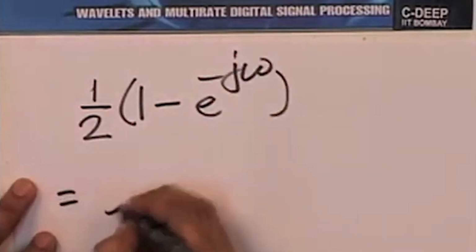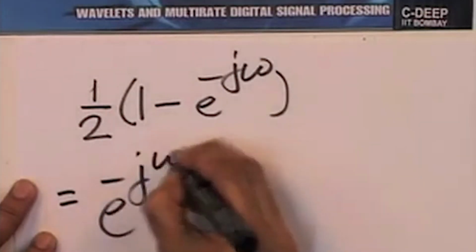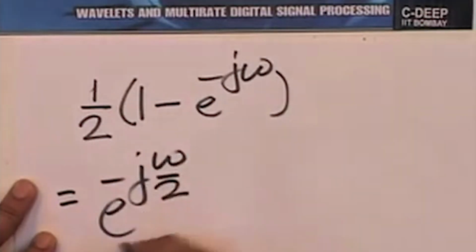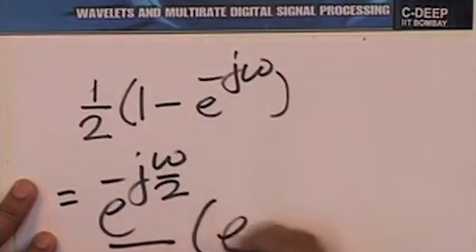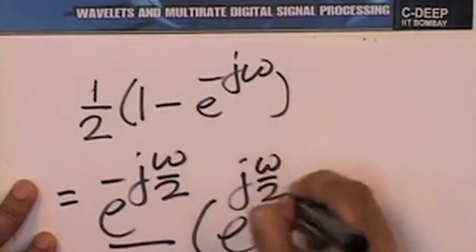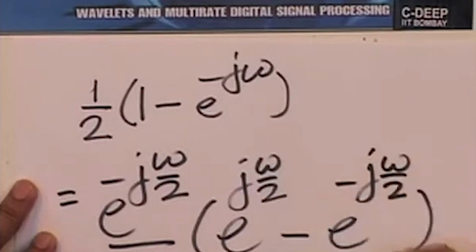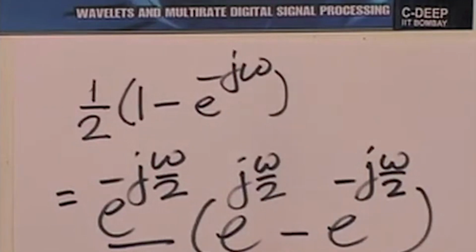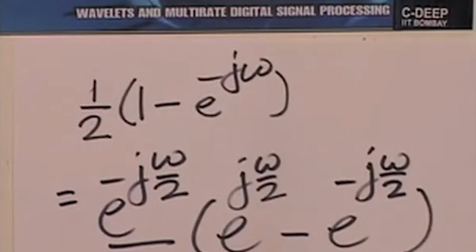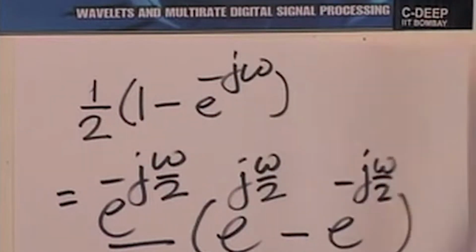We take e raised to the power minus j omega by 2 common, and we have e raised to the power j omega by 2 minus e raised to the power minus j omega by 2. And once again one can recognize this is essentially 2 j times sin omega by 2. So, now I can simplify this, put it all together.